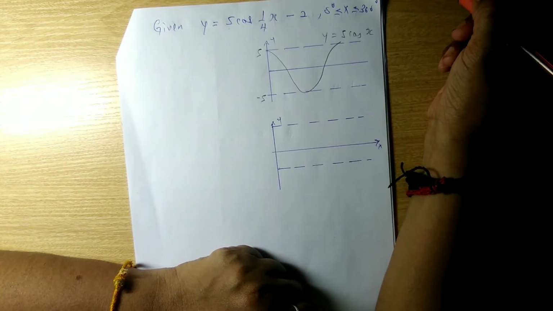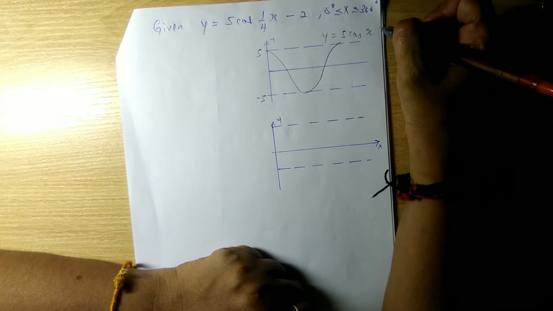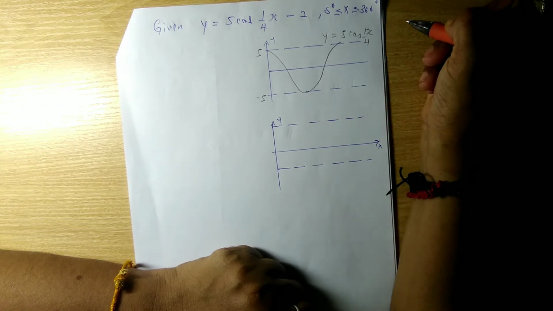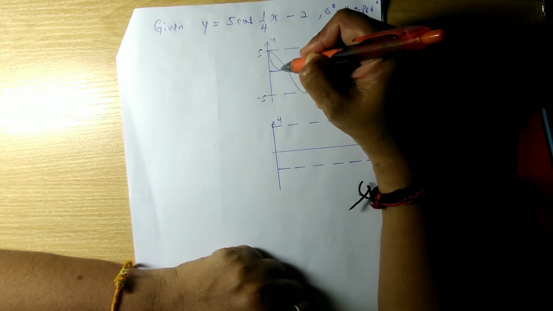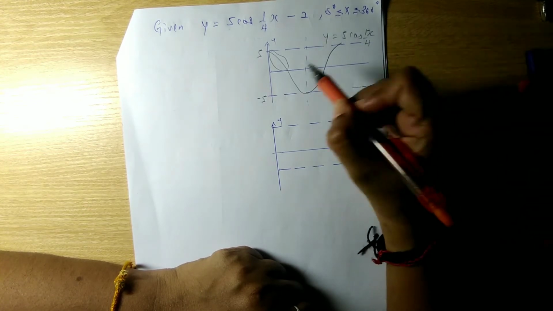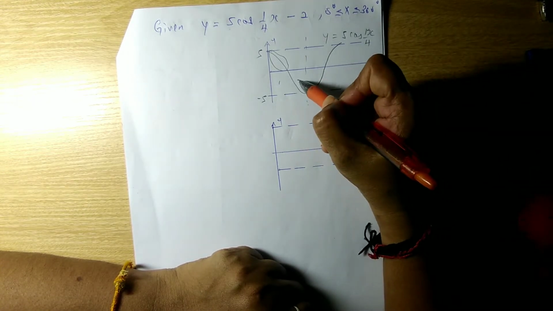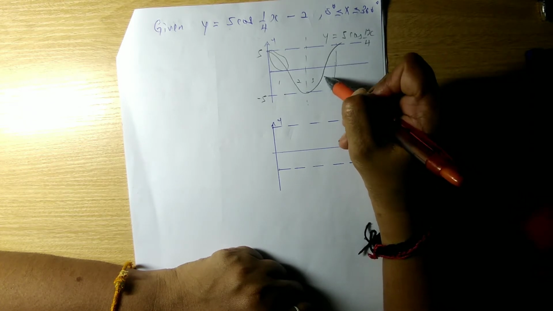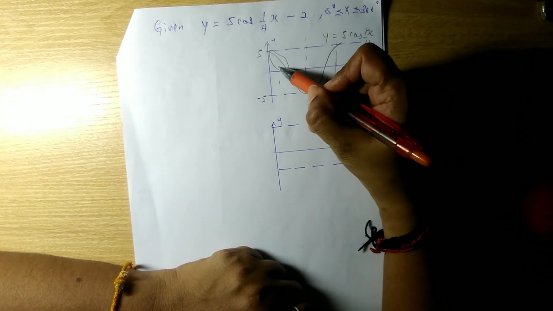Now if I were to add the 1 over 4, what I'm going to look at is just this part of the graph. When you split the graph, this is the first part, this is the second part, this is the third part, and this is the fourth part. I'm only going to draw this.